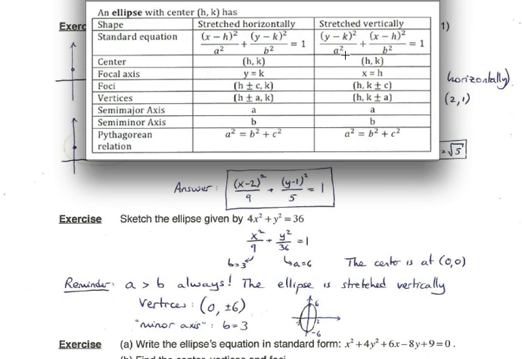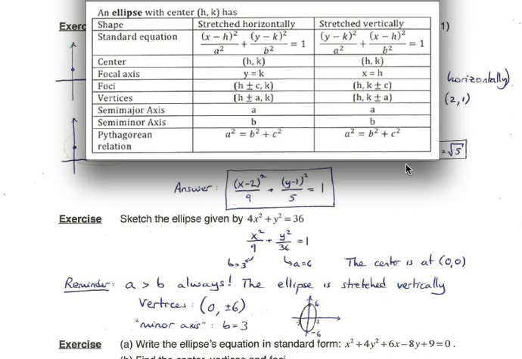If the numerator had been larger here with x, then we would be here. A is with x. So in this case we are in the second column, and since it's (x minus h) squared, we see that h equals 0, (y minus k) squared, it's k equals 0, so the center (h, k) is (0, 0).